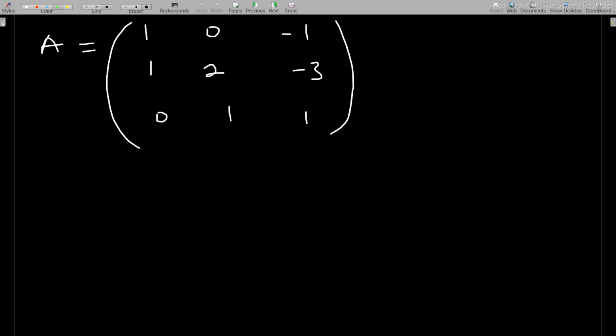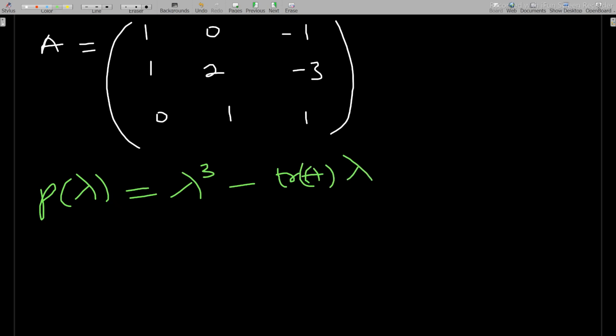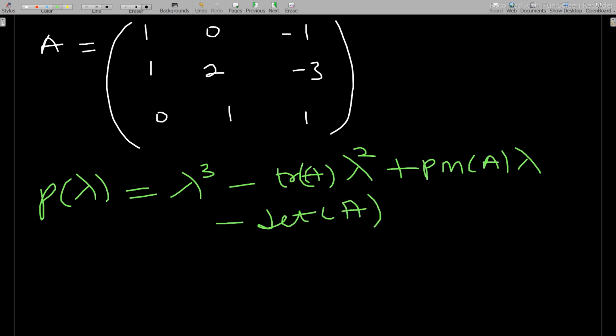Now we are supposed to find the eigenvalues of this whole matrix, and the eigenvalues are the roots of the characteristic polynomial. The characteristic polynomial P(lambda) is lambda cubed minus trace of A lambda squared plus Pm of A lambda minus determinant of A. The trace of A is the sum of the diagonal elements, so 1 plus 2 plus 1, which is 4.